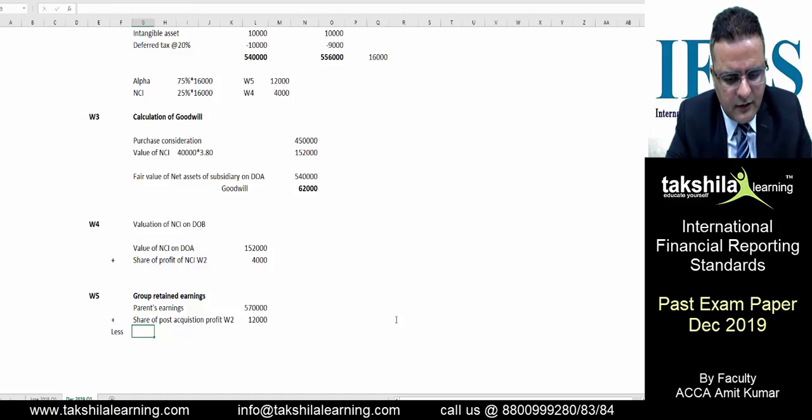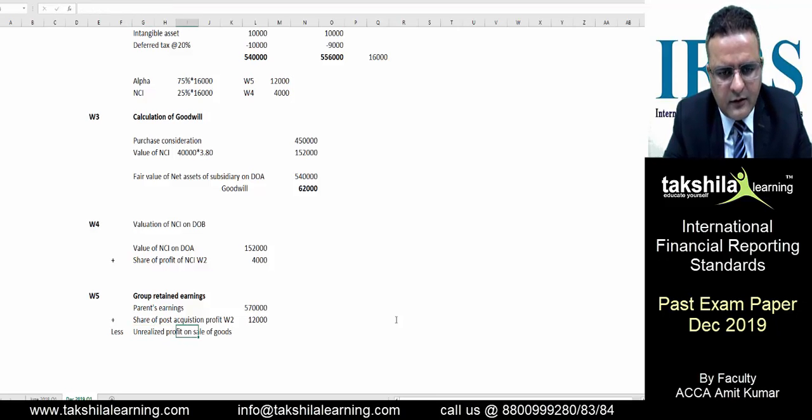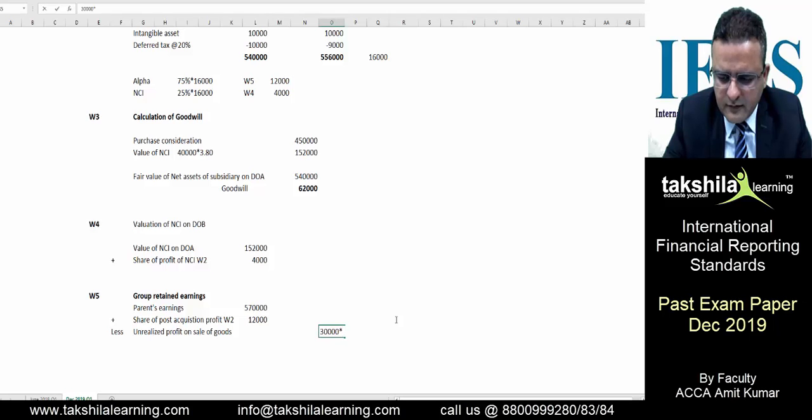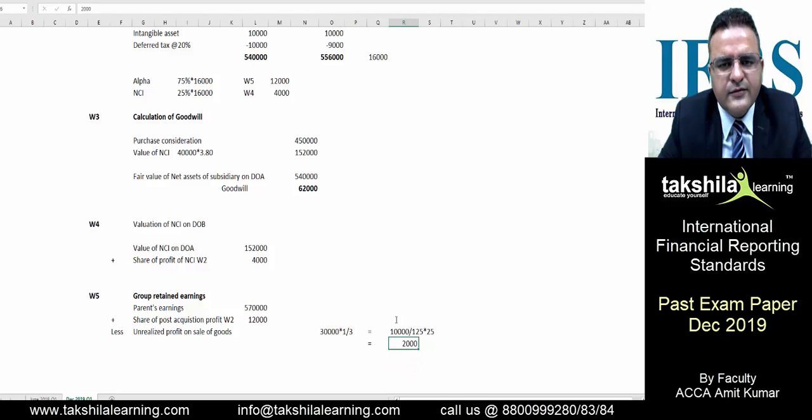Less unrealized profit on sale of goods, equivalent to 30,000 into 1/3, that equals 10,000 divided by 125 into 25, equals 10,000 divided by 125, which is equal to 2,000 is unrealized profit.